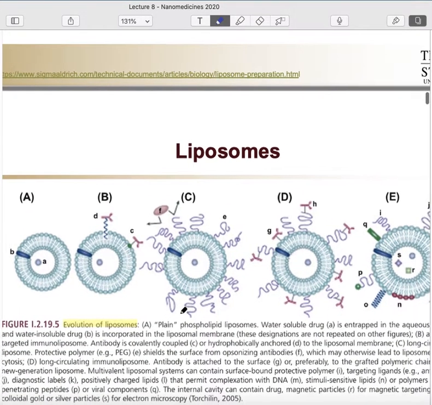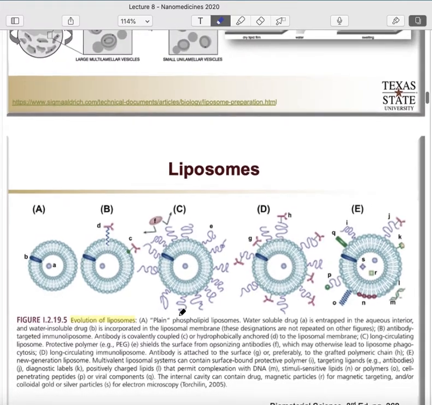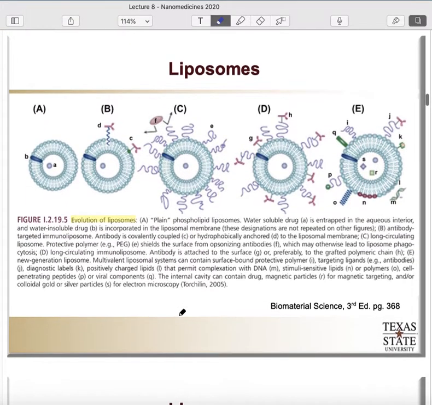On this slide, I wanted to show you the evolution of liposomes. The first type of liposomes are basically just the liposome itself that includes either a hydrophilic drug that is loaded at the core or a hydrophobic drug that is loaded within the lipid bilayer.